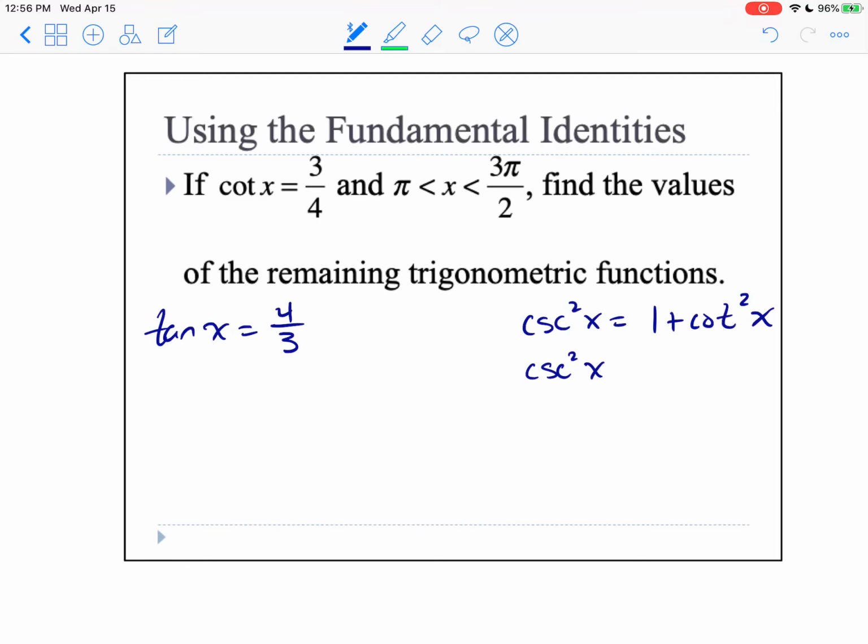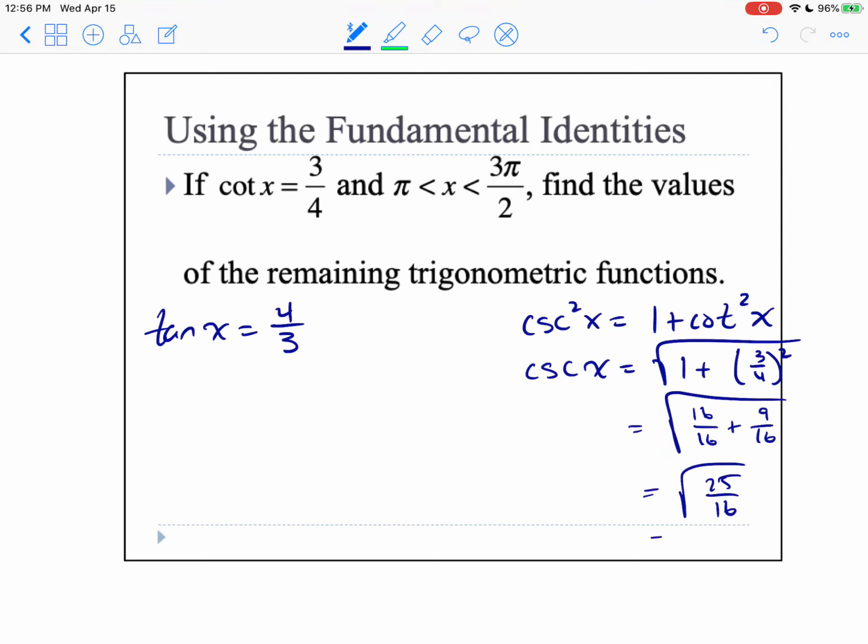And we can see that if I square root both sides, that cosecant x equals the square root of 1 plus cotan, but cotan's 3/4, so this is 3/4 squared. So that gives me the square root of 16 over 16, which is 1, plus 9 over 16, and that's 25 over 16 square rooted. So that gives me 5 over 4. So cosecant of x is equal to 5/4.